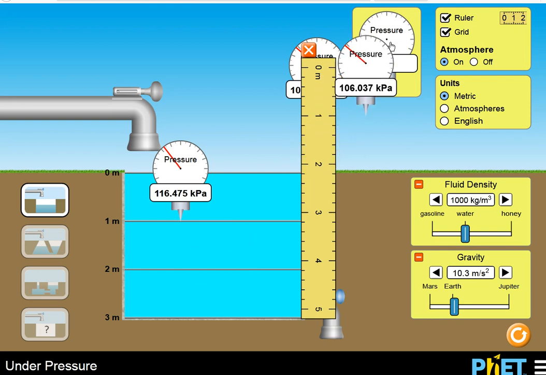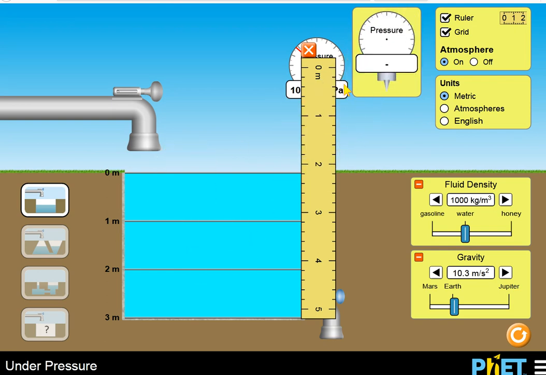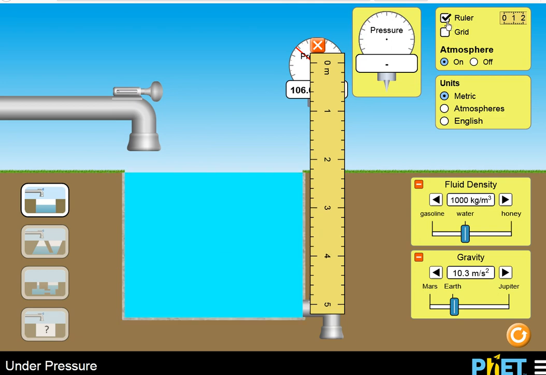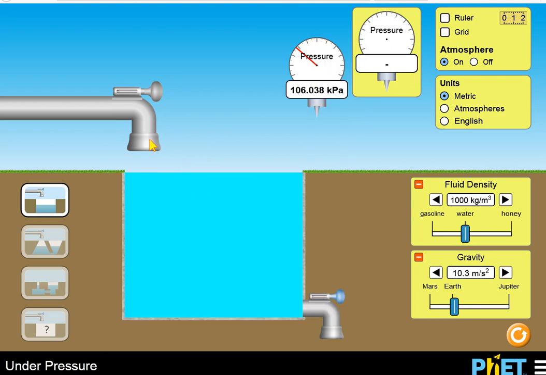You can have a ruler. Click on, check this box, ruler. You can have different amounts of fluid. Yes, you can have fluid flowing, add fluid, and then you can check the grid if you want.